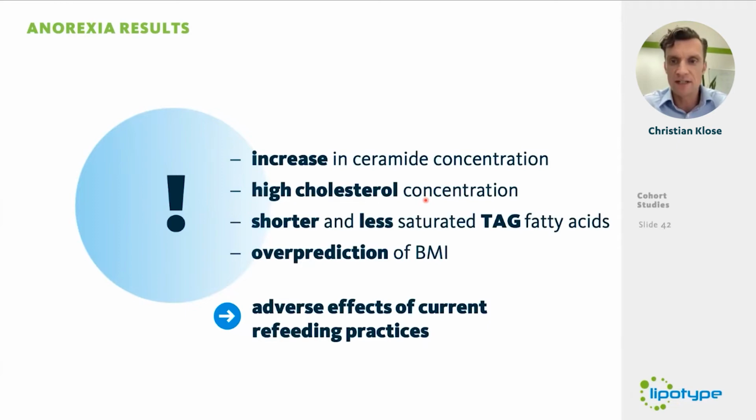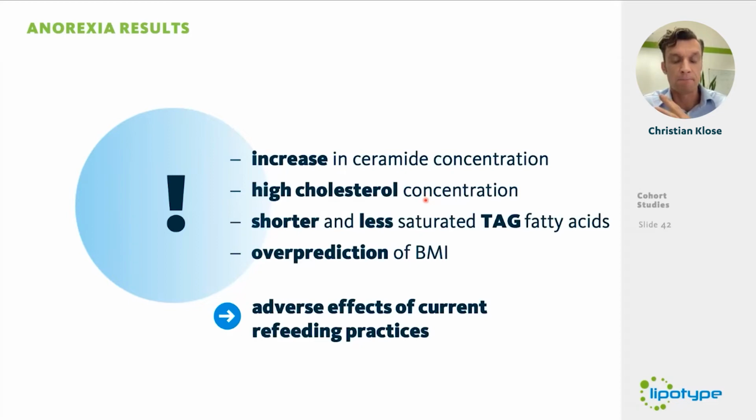And most interestingly, when we applied our recently established mathematical model for the prediction of body mass index, the one I've just talked about, on the lipidomes of the anorexia patients, the predicted BMI was much higher than their actual BMI. And this strongly suggests that there are adverse effects of the current refeeding practices on the lipid metabolism of anorexia patients.